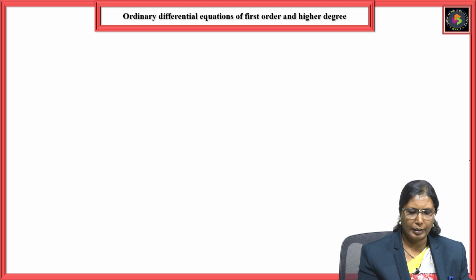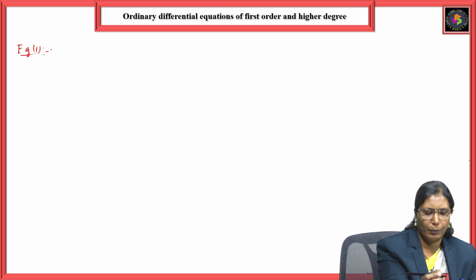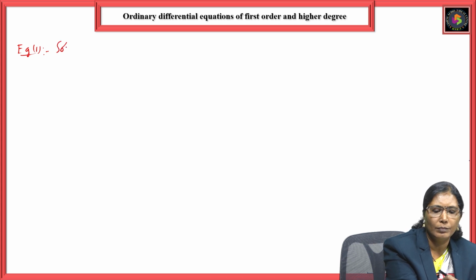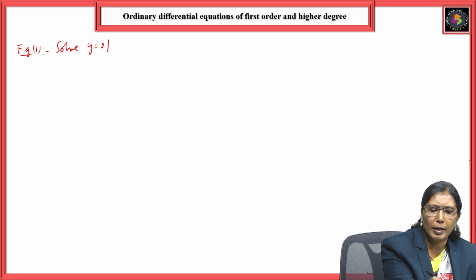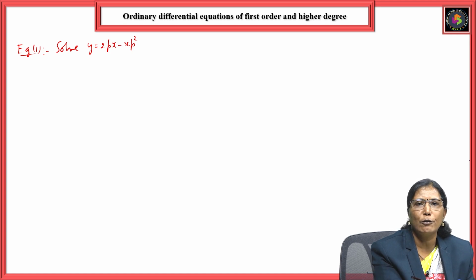Okay, so let us take some examples. Example 1, solvable for y. Solve y is equal to 2px minus x p square. Now here the degree of p is 2 and the order is 1.